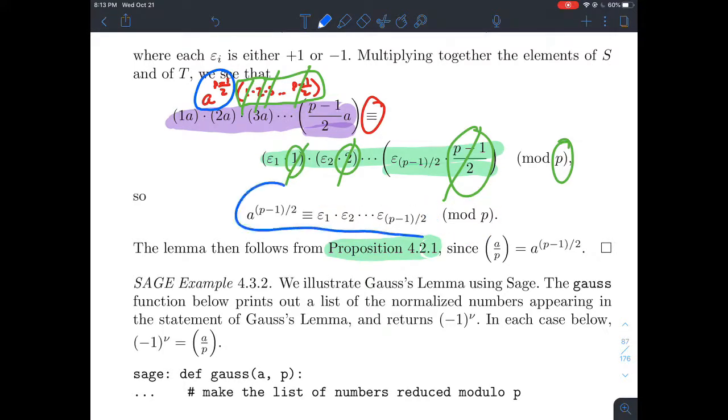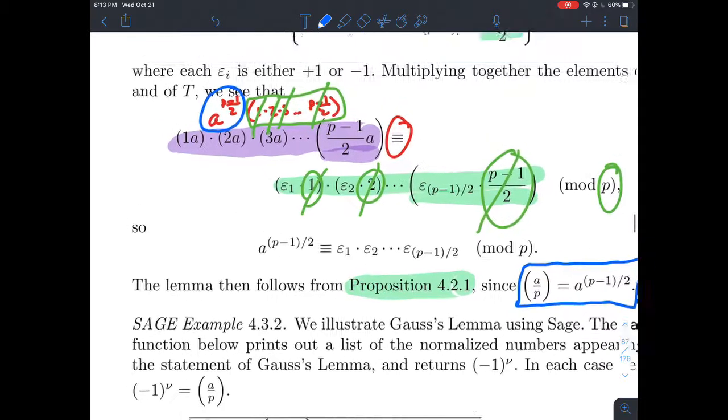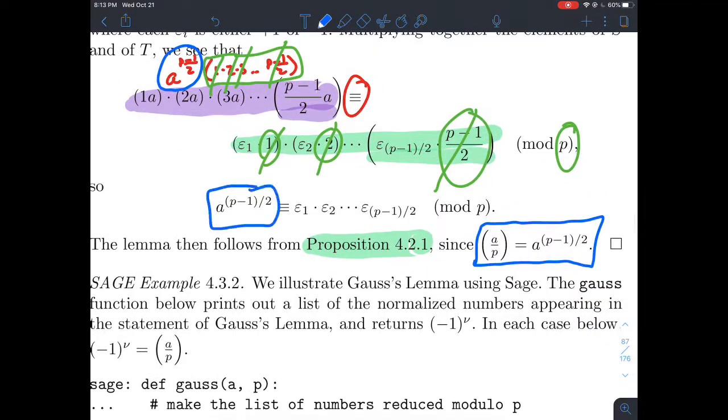Now, why is this good? Why is this important? This A to the (p minus 1) over 2, that power should look familiar, and it's from Proposition 4.2.1. What did it say? This is Euler's criterion, from the previous video, and what it guaranteed is that the Legendre symbol of A mod p is always going to be equal to A to the (p minus 1) over 2. It's always going to be that power there. So if this power represents the Legendre symbol, what are we saying?